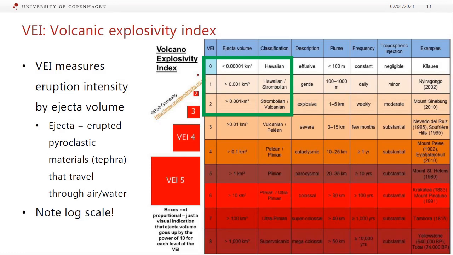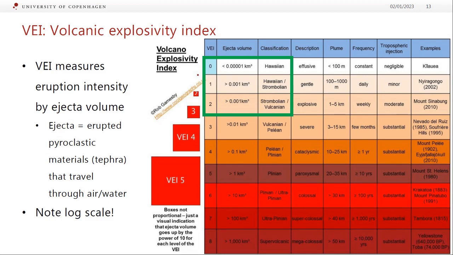So if a lava flow just came gently out of a fissure and flowed downhill, then even if it's a very, very large lava flow, the ejecta volume is very low because not much went up into the air before landing. So Hawaiian and Strombolian eruptions would be very low on the volcanic explosivity index because we're not shooting a ton of stuff up into the atmosphere.